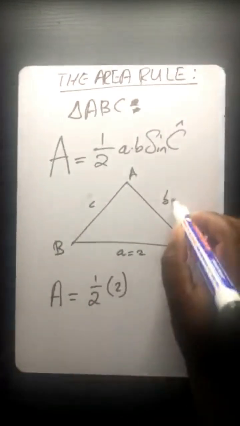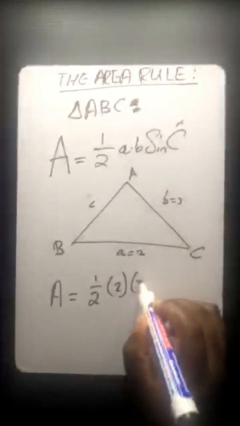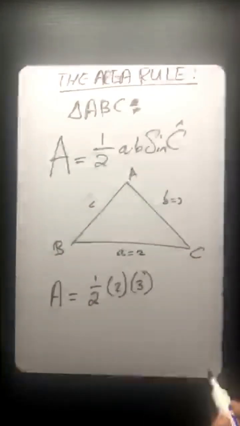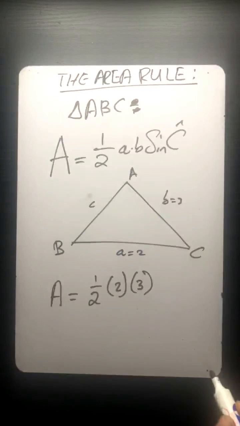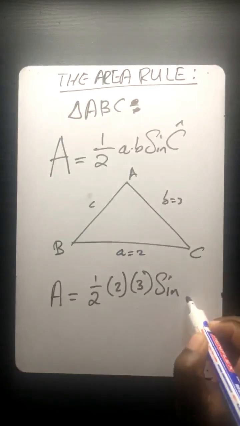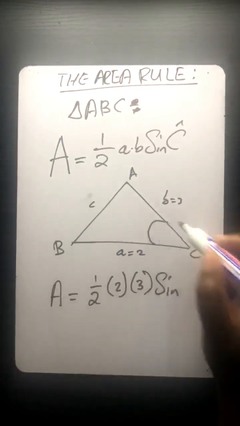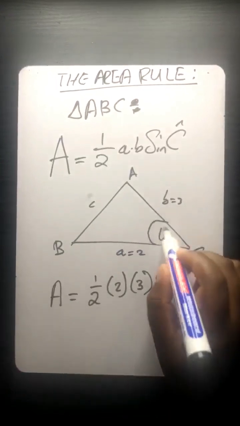This side maybe is 3, so we substitute 3 there. And then from there, we say sine of that angle there. Maybe let's say it's angle theta.